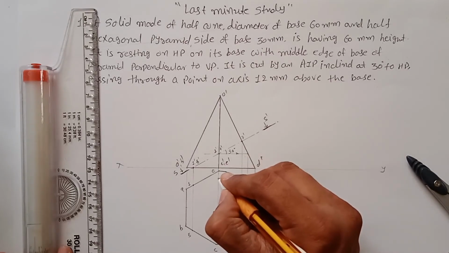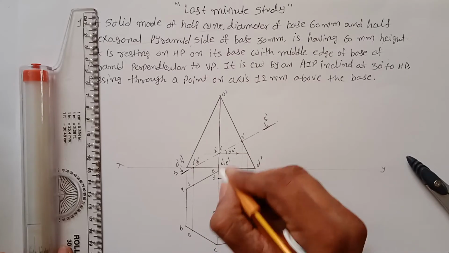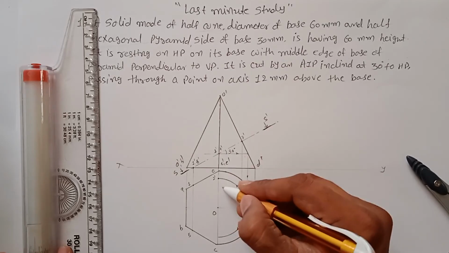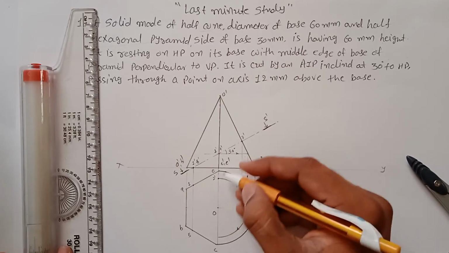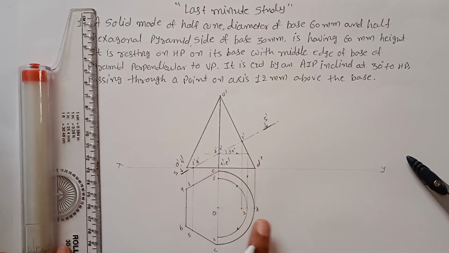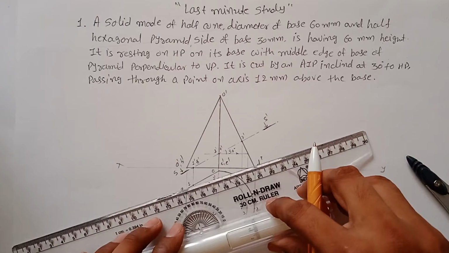So this point is your 2 dash point. You can see 2 dash is O dash C dash, that means O dash E dash is your 2nd point, and this point is your 4th point. So 1, 2, 3, 4 and 5, you got all the points. You just have to join them with a solid line.